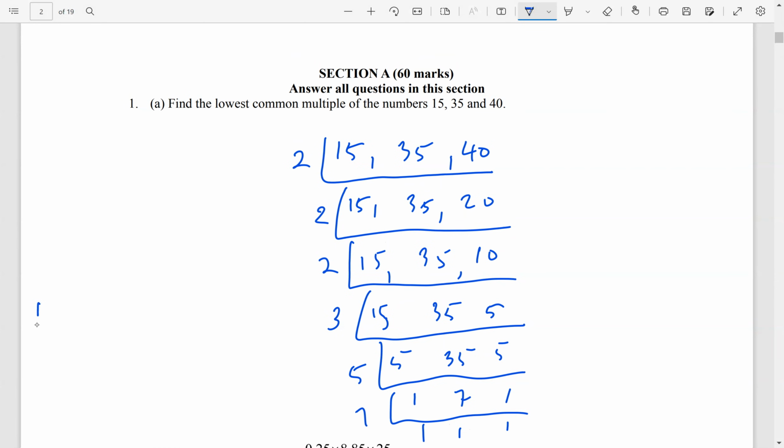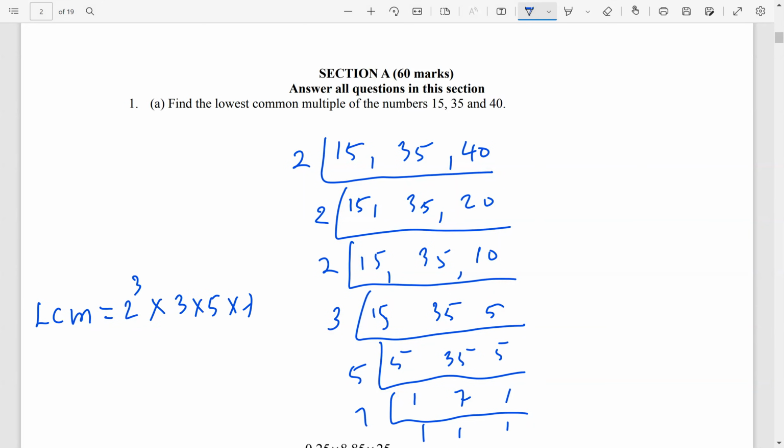So LCM, dear students, will be 2 power 3 times 3 times 5 times 7. So we're going to multiply these numbers. 2 power 3 is 8. 8 times 3 times 5 times 7.